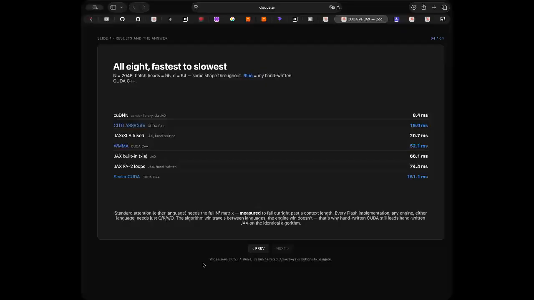And then that also gets beat by WMMA, that's written in CUDA C++, and then CUTLASS, that's also handwritten in CUDA C++. And then the one that does the best is Python JAX, but for its built-in version of attention mechanism, using the underlying cuDNN as the engine.